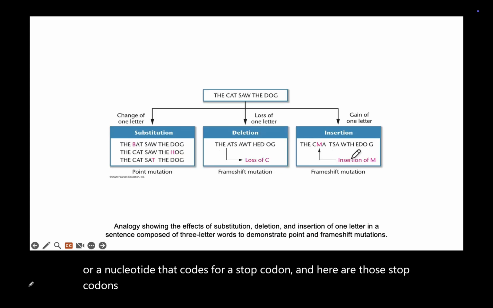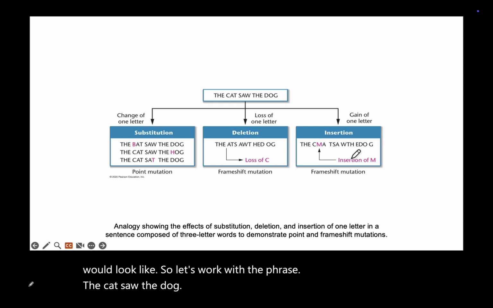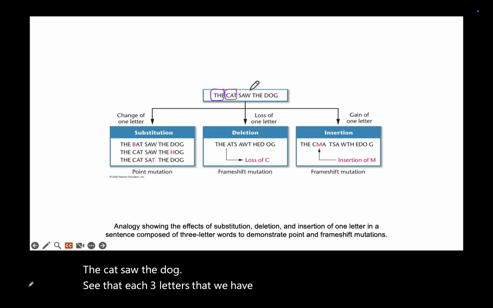I have a very good example here of what those mutations would look like. So let's work with the phrase, the cat saw the dog. See that each 3 letters that we have here is a triplet codon. Okay?